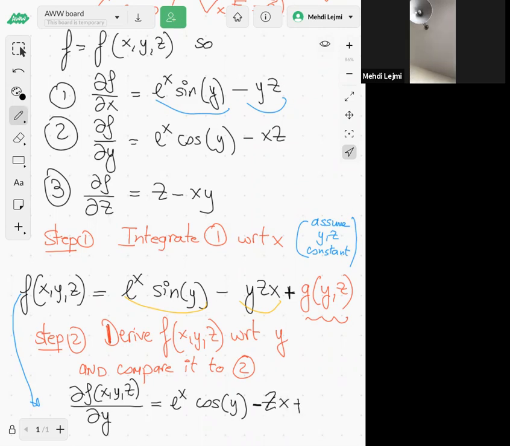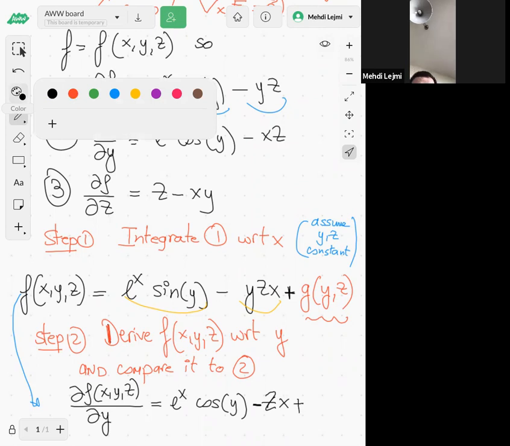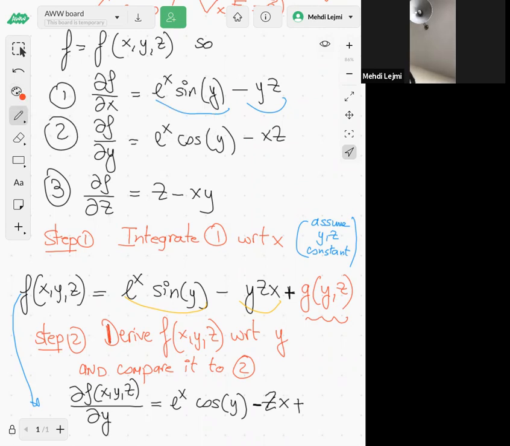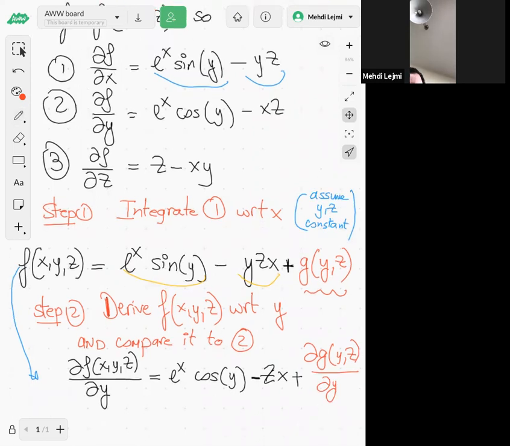Plus, and then the derivative of the function g of y, z with respect to y, right? So plus the derivative of this function g with respect to y. Again, we don't know yet what this function g of y, z is. So now I'm going to compare it with the second equation.